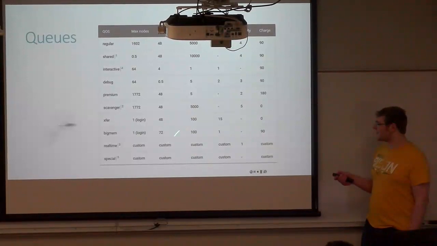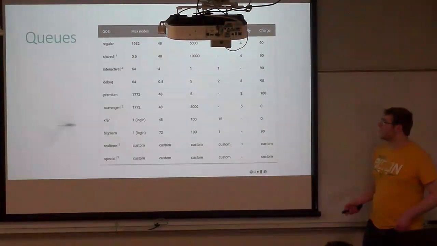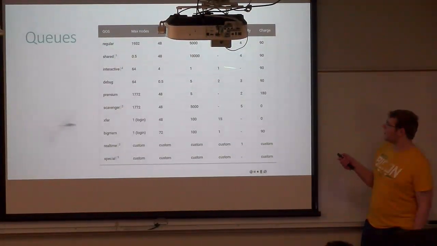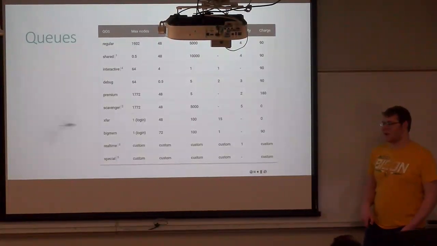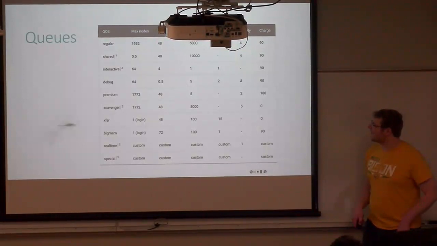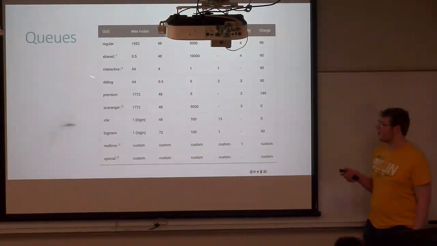Queues, this is specifically for Cori, but it's all the same. Regular is your standard queue. Interactive is for running interactive nodes. I don't foresee a need for that really, because we're going to be running mostly batch jobs.